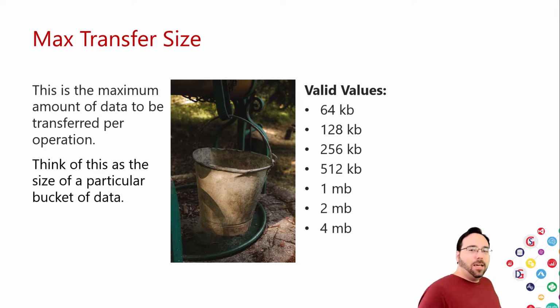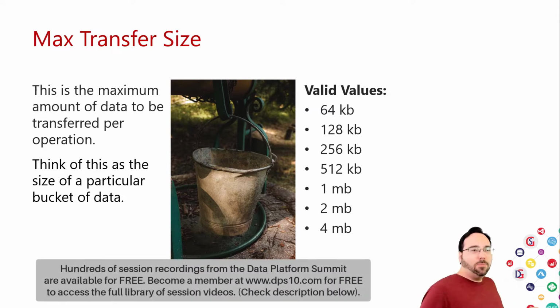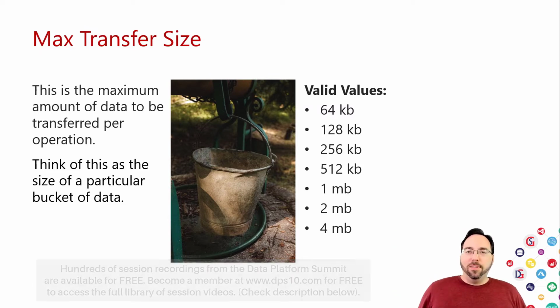And I take that bucket and move it away somewhere, pour it into a tank, and that tank is representing my backup. So this is how big my bucket is. Everything from 64 kilobytes up to 4 megabytes. And again, this is the exact set of valid values. No other values are considered valid.